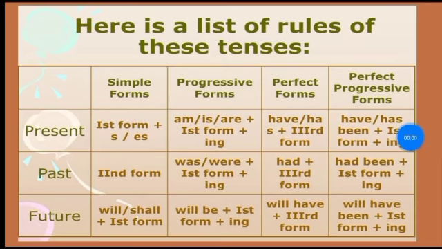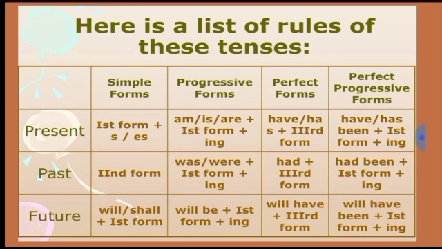Now students, seeing this list of rules, along with them you have to remember two things. The pronouns. In the pronouns, the first person, second person and third person rules that we have already studied in the pronoun part, and the verbs in the V1, V2 and V3 forms along with ing forms.